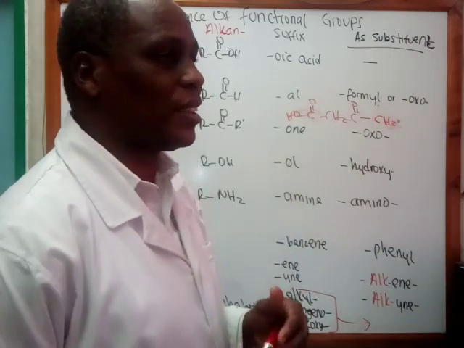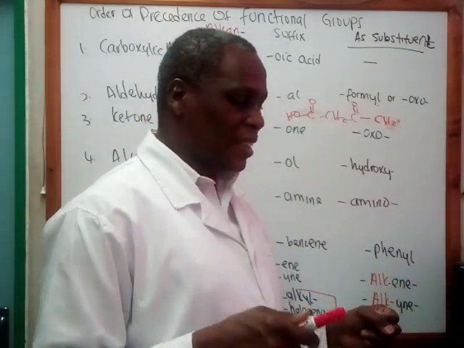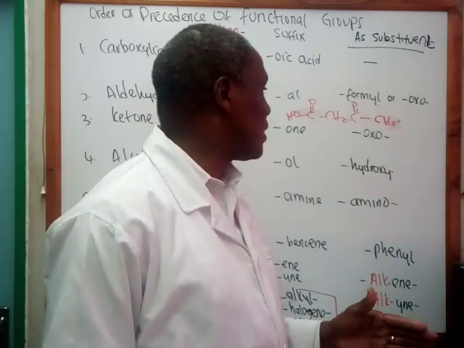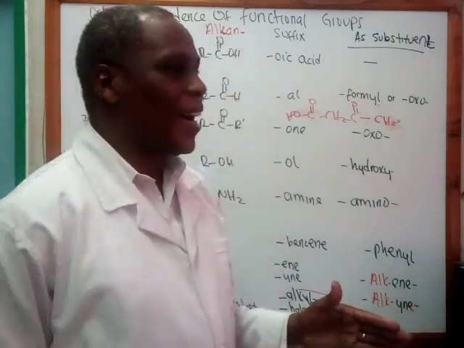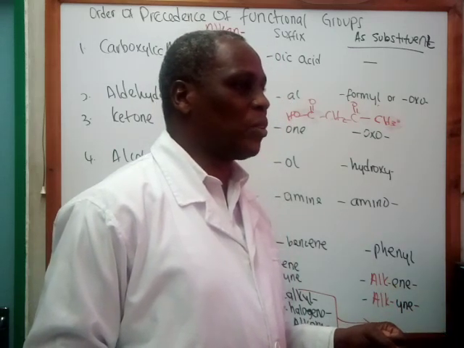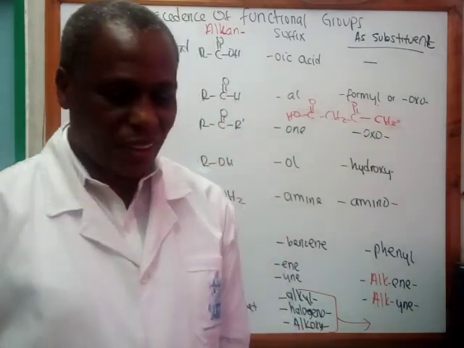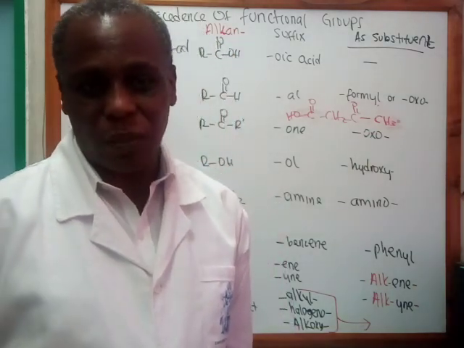So what it means is this: if you're going to have something like a carboxylic acid, for example, a hexanoic acid, hexanoic acid has got 6 carbon atoms.